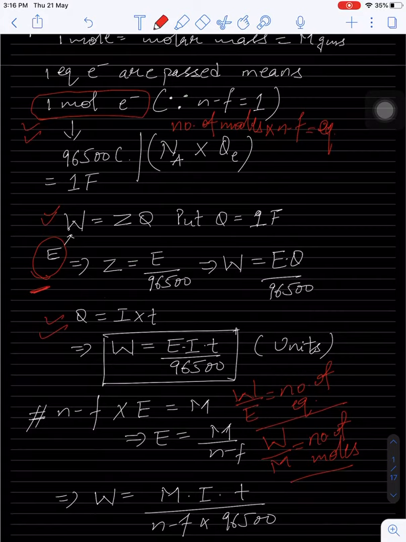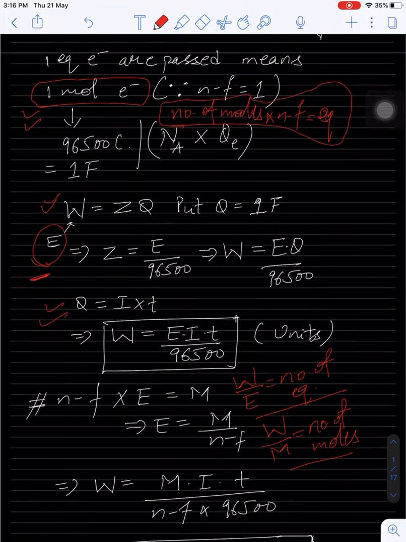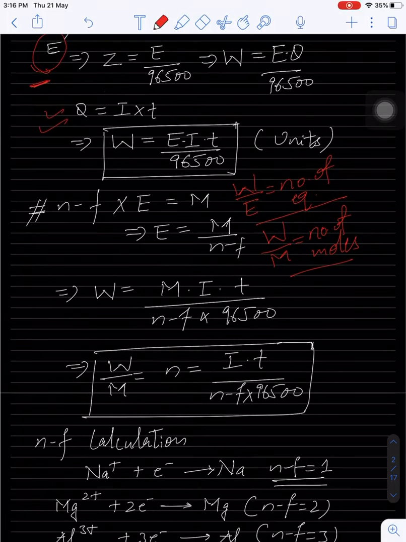If this is the case, interconnecting them, what do we get? Let us divide W by E upon W by M, equal to number of equivalents upon moles.